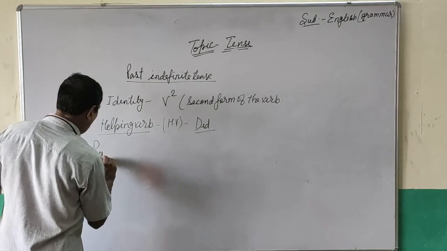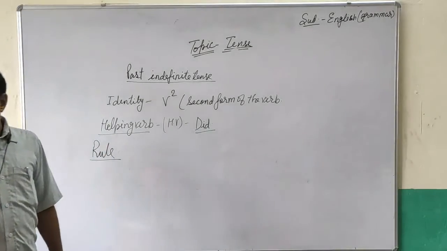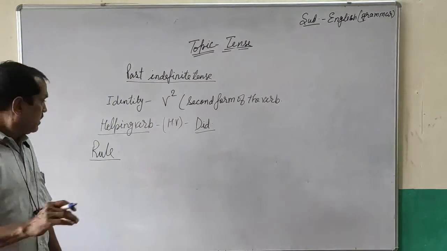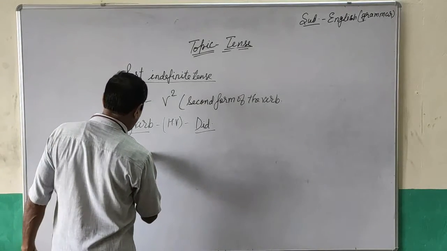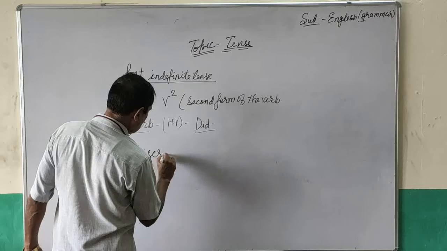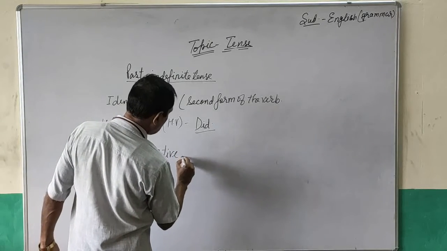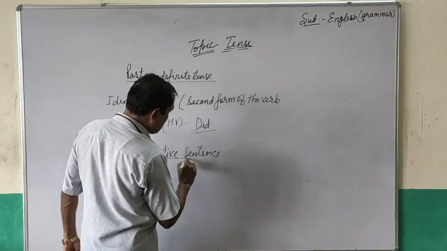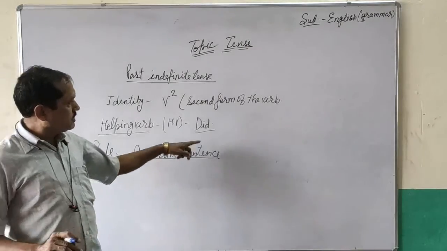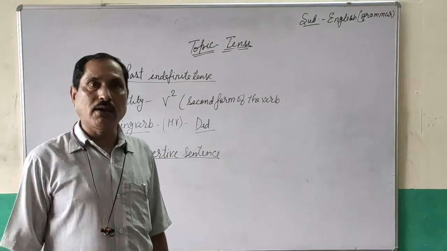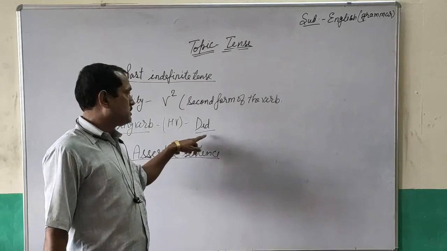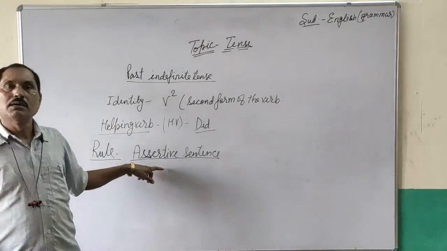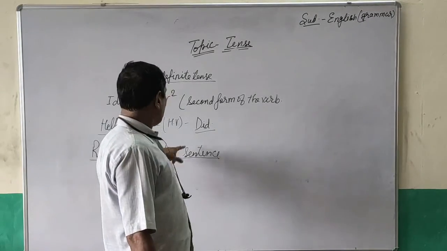Rule: how to write a complete or a perfect sentence rightly in assertive sentence. In assertive sentence, we do not use did. In interrogative and negative sentences, we use helping verb, but in assertive sentence, we do not use did.